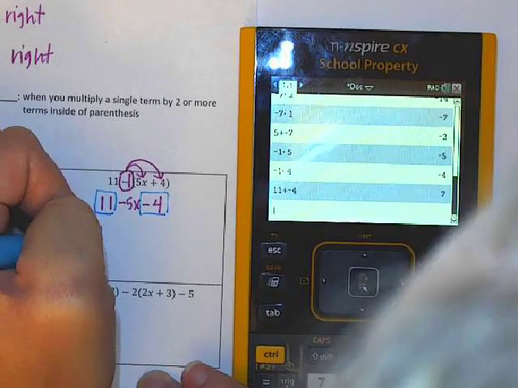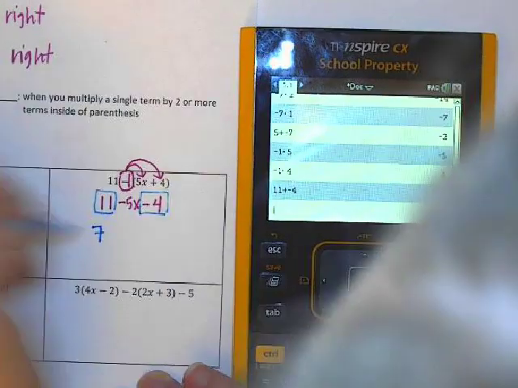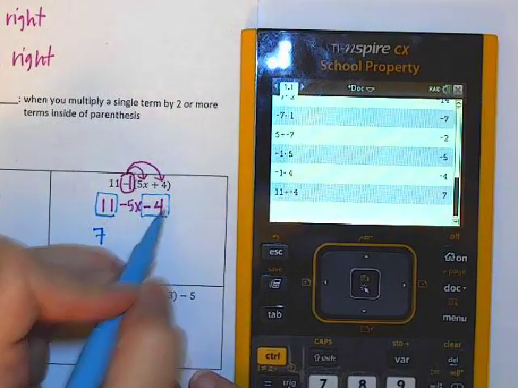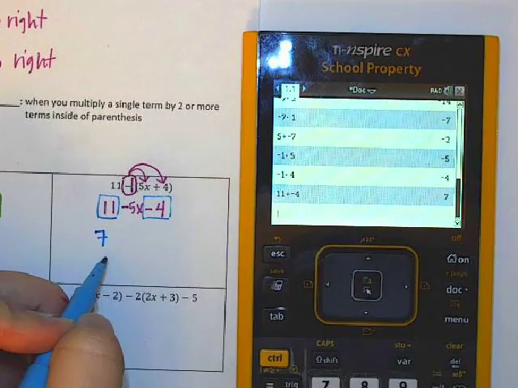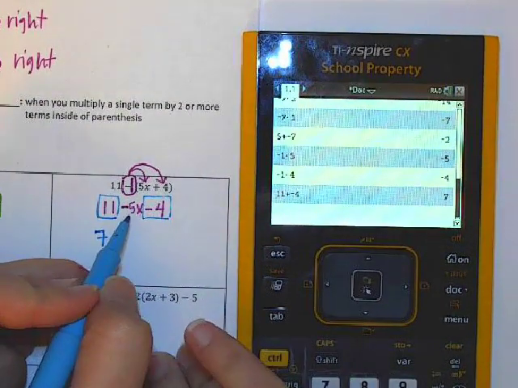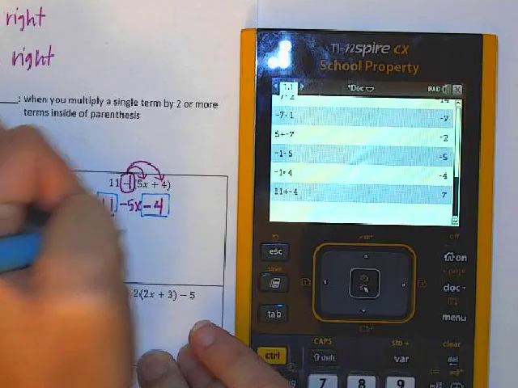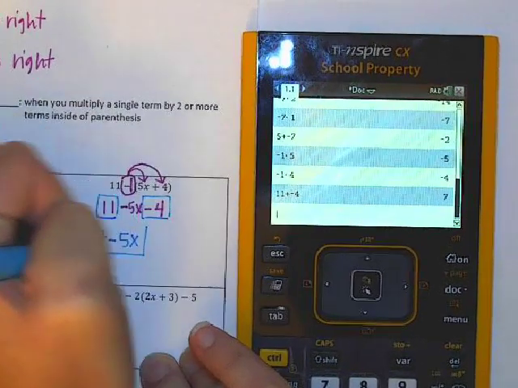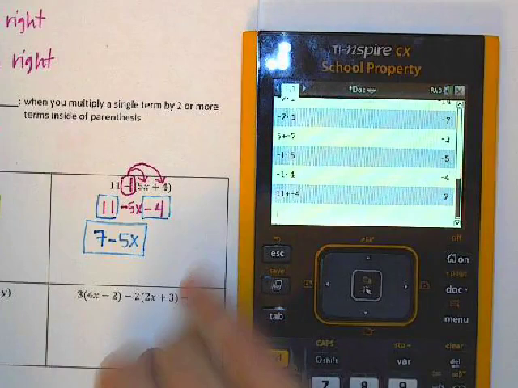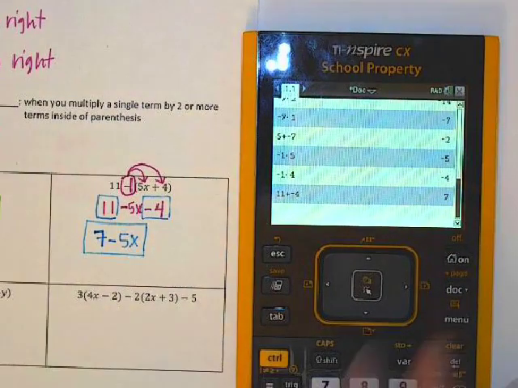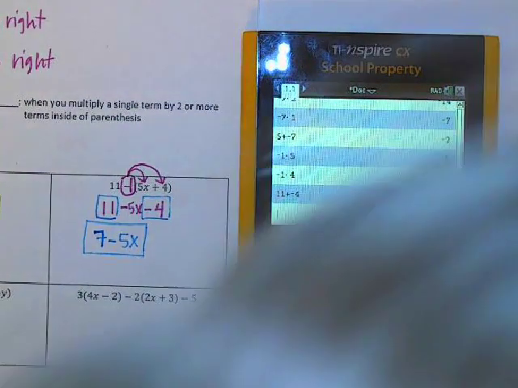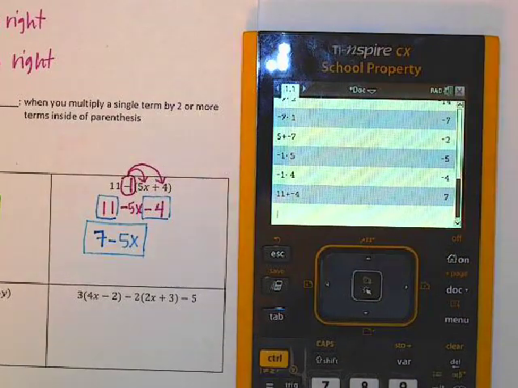Does it need to have an x with it? No. 11 and 4 don't have an x, so 7 doesn't need to have an x. Alright. Does negative 5x have a like term? Nope. Bring it down. Okay. Questions on the first two? Are we good? Yeah.